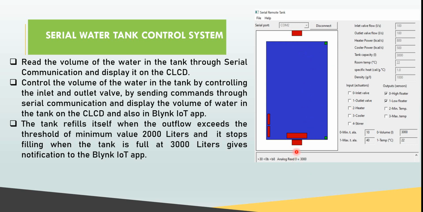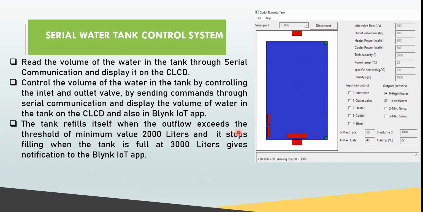If we turn on the outlet valve and the level becomes less than 2000 liters, it automatically turns on the inlet valve and motor, and water gets into the tank. This is the procedure of our project.